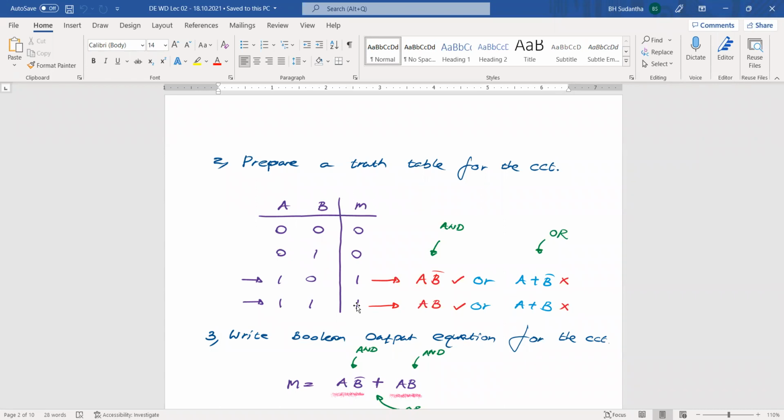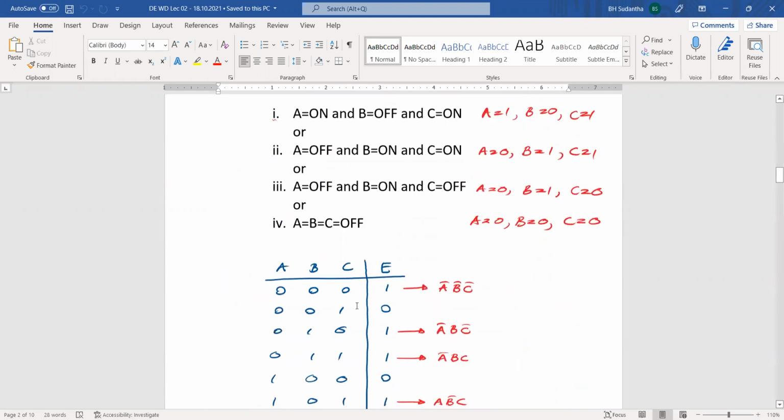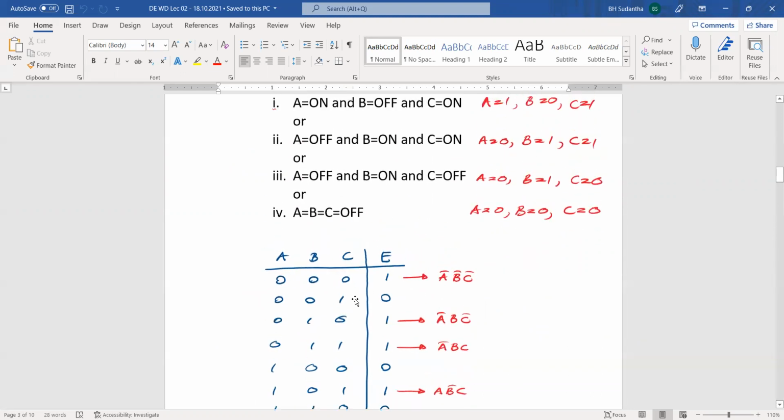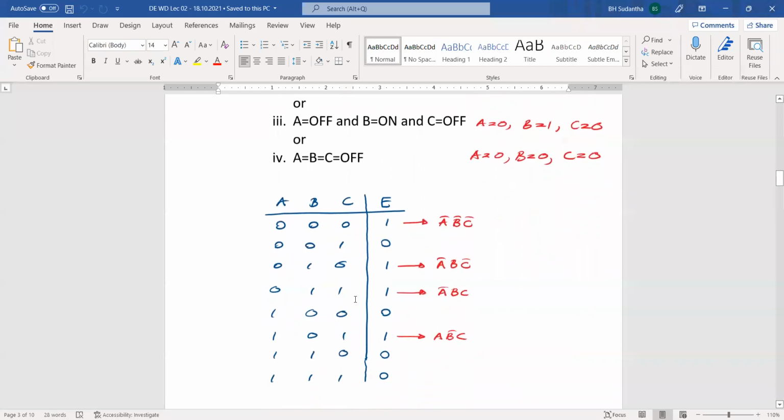If that's so, what type of circuit is this? This is a combinational circuit. Why? The particular output value totally depends on the present input value. Whatever circuits we have discussed so far fall into the category of combinational circuits. Is it okay? Then shall we go to this one? Here we have certain conditions, and we prepared this truth table based on these conditions.